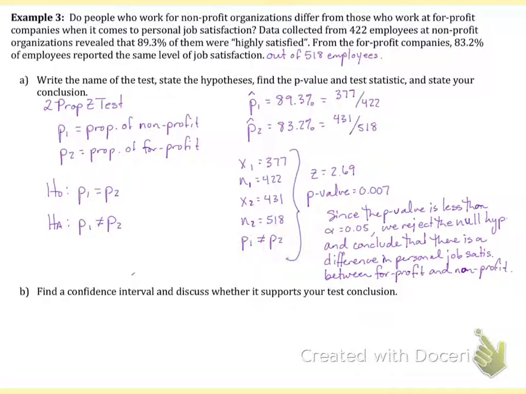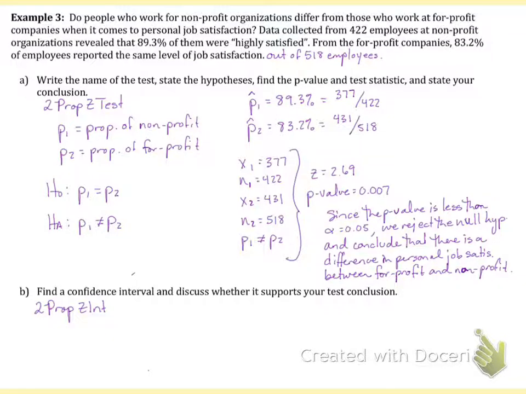Okay, so let's actually figure out what the difference is between them. We see that there is a difference. What is the difference? So it says find a confidence interval and discuss whether it supports your test conclusion. So just like before, when we run a test, we're going to see that this information is already in the confidence interval that we're looking to find. So if we go to a 2-prop z interval, so we're going to go to Stat, Tests, and 2-prop z interval is way down there at B. And you're going to see that the information is already there.